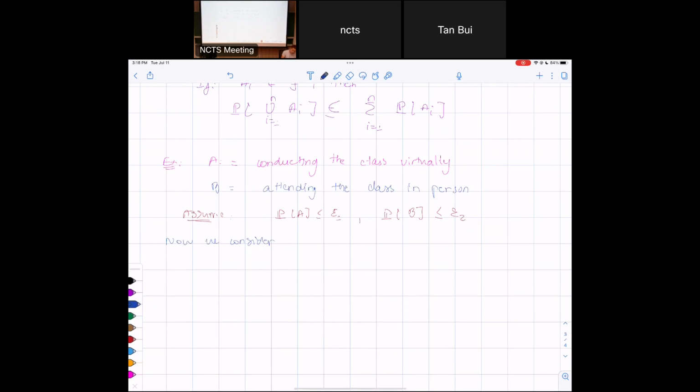Okay, now we consider. Actually, this is one of my favorite examples, because it's so important to see the union bound in action. Consider the event C, which is A prime intersect B prime. Right?